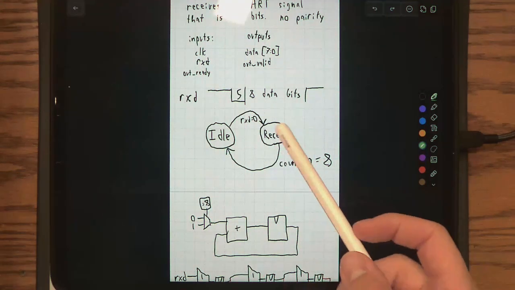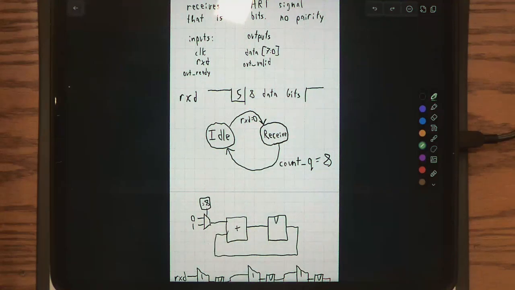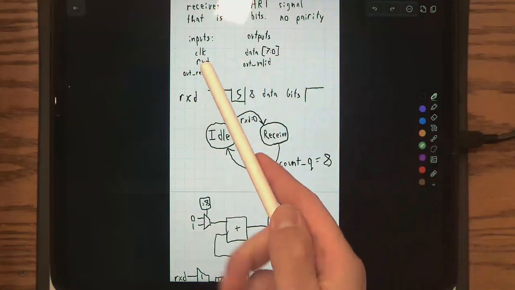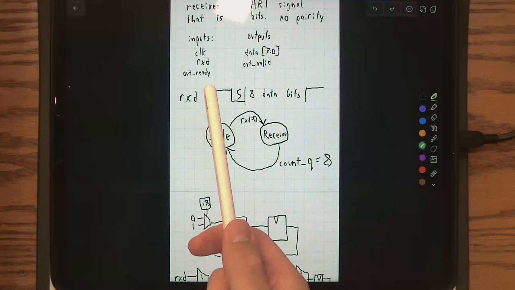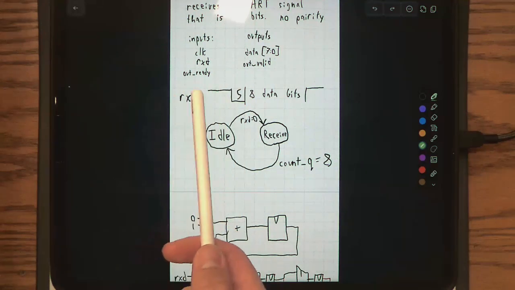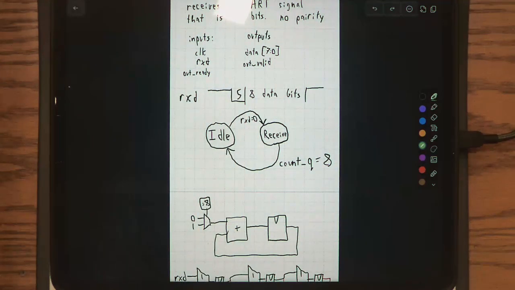And that other module maybe has some sort of delay or stalling logic. Maybe for a while it won't be ready to receive certain data. So that is the purpose of this out ready: is the thing that we're trying to send it to ready? If this out ready is false, if it's 0, that means we now need to wait.